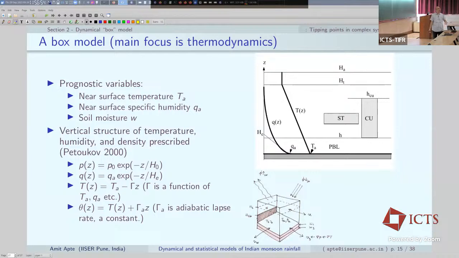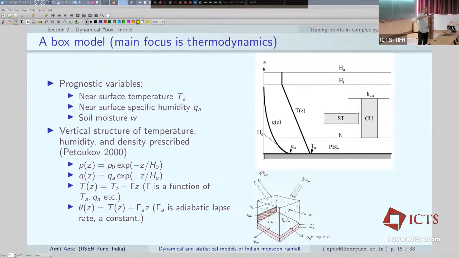It's an unfortunate fact that the atmosphere has a 3D structure. We need to capture that 3D structure even if we want a box model, and simplifying assumptions about how the temperature and humidity vary along the vertical have to be made. In particular, the lapse rate is extremely important. What is condensation? What are clouds?